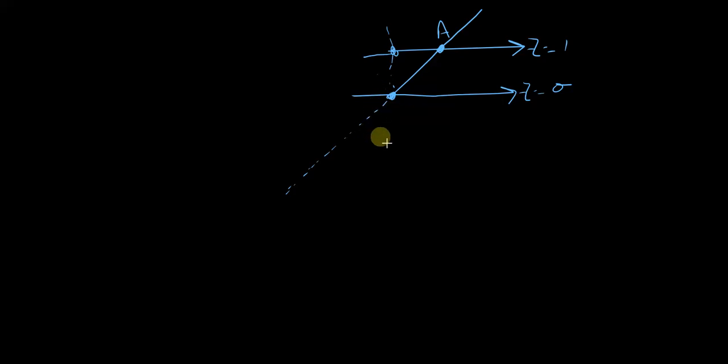Let me draw it more clearly. I decide that z equal minus 1 is in the opposite direction compared to z equal 1. The reason is that now this slope intersects with z equal minus 1 at some other point called B.